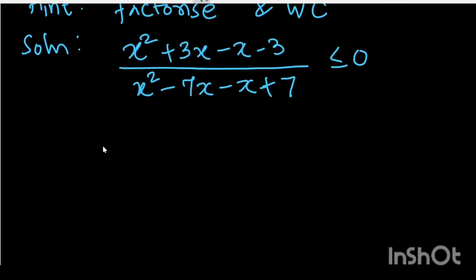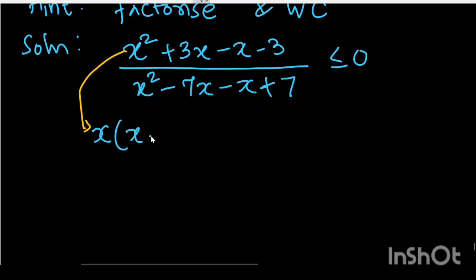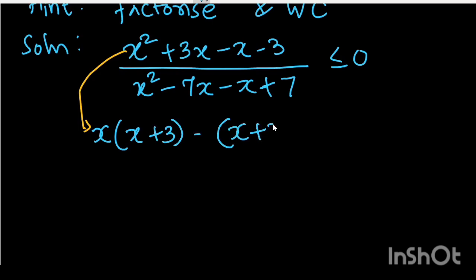So guys, the next step, taking x common from the first two terms in the numerator, x into (x + 3), and taking minus 1 common from the last two, so it becomes (x + 3).